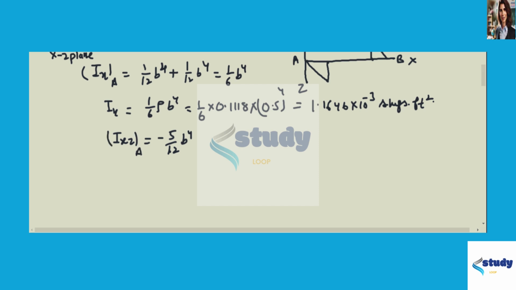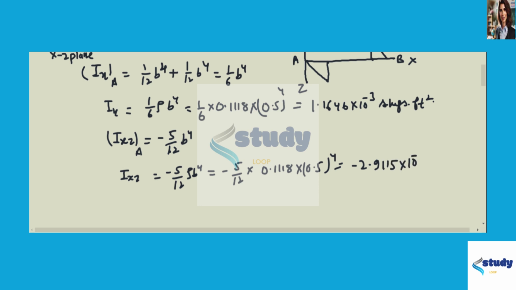So in terms of mass, its value will be minus 5 by 12 rho b to the power 4. Minus 5 by 12 rho is 1118.5 to the power 4. So it would be minus 2.9115 10 to the power minus 3.